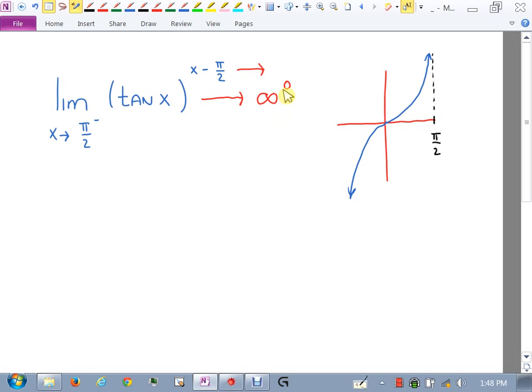So as soon as you see that this is not 0 times infinity, you should be thinking natural log on both sides. So y equals the limit as x goes to pi over 2 of tangent x to the x minus pi over 2.